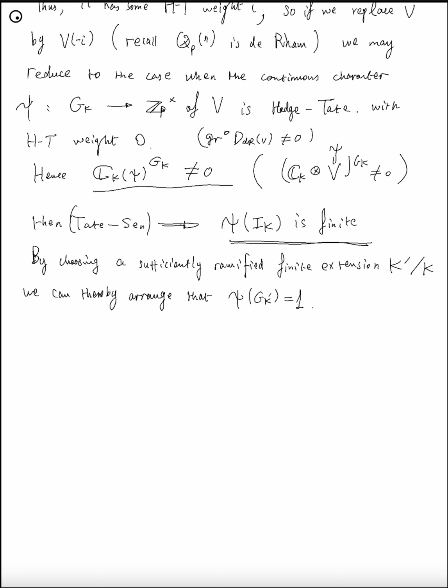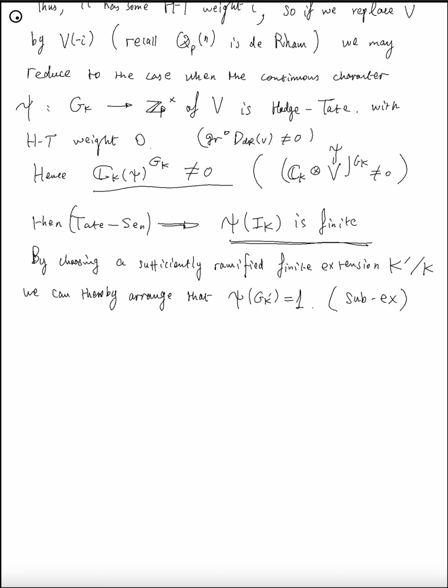I'm again thinking about the cyclotomic character, but in that case the image is infinite, so you cannot do that by choosing a finite ramified extension. I put this as a sub-exercise to have a more detailed explanation.